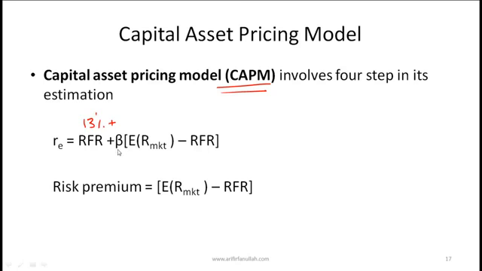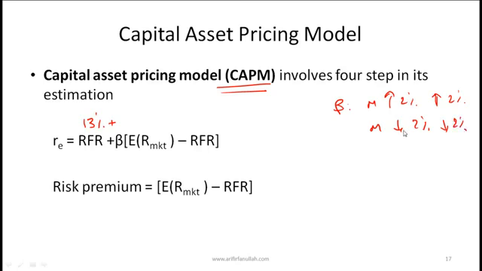This beta represents the riskiness of common equity, and we'll talk about this in a little more detail later. But the basic idea is this: beta is a measure of how a given stock moves with the market. So for example, if the market is going up by 2%, and let's say that this common equity then also generally goes up by 2%, and if the market is down by 2%, then the stock generally also goes down by 2%.